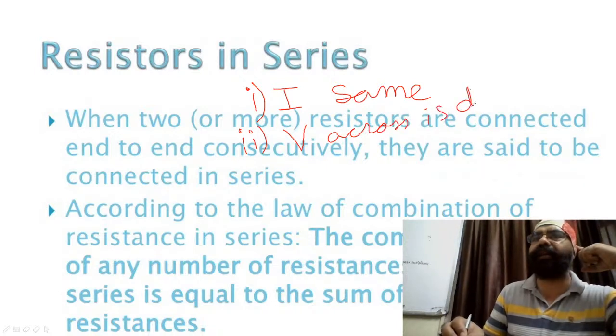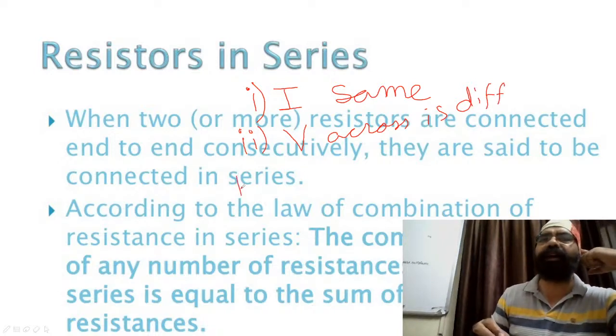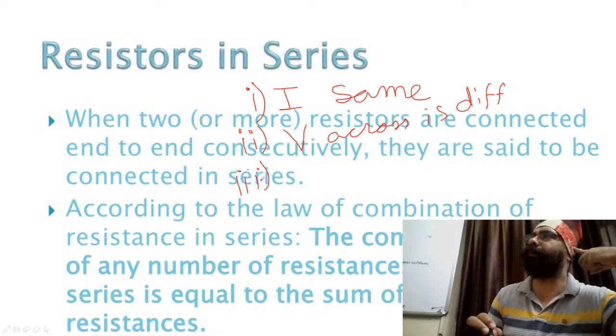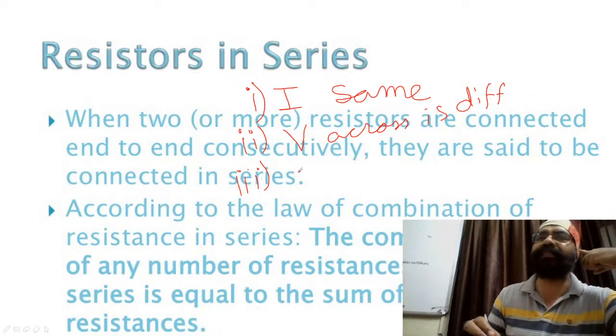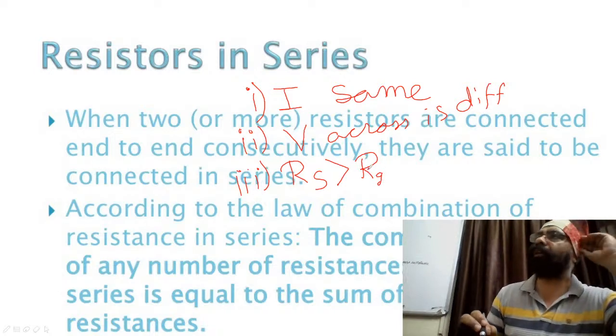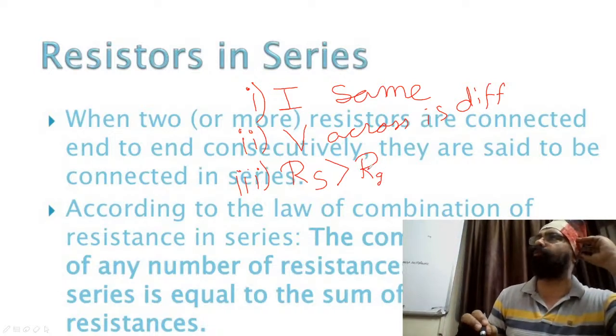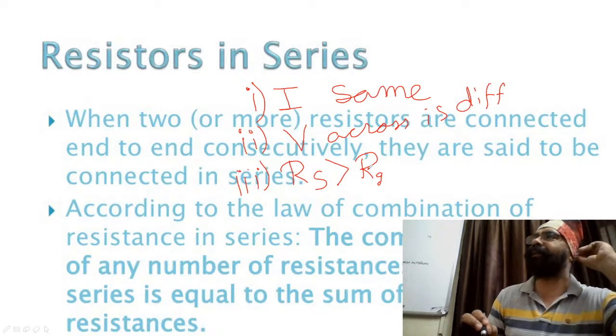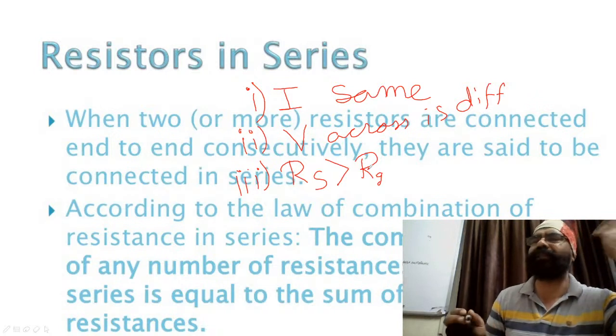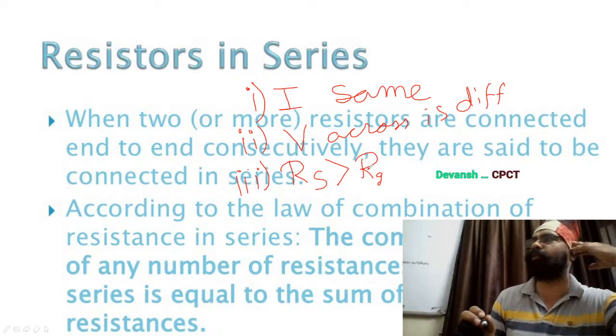The third and final thing is that I use a series combination when I want to increase the resistance, because the resultant resistance is greater than the greatest resistance. Suppose there were 3 resistances, 2 ohms, 4 ohms and 10 ohms, then my resultant will be greater than the greatest, that means greater than 10 ohm. Obviously when you are adding up, it will become greater than the biggest one.